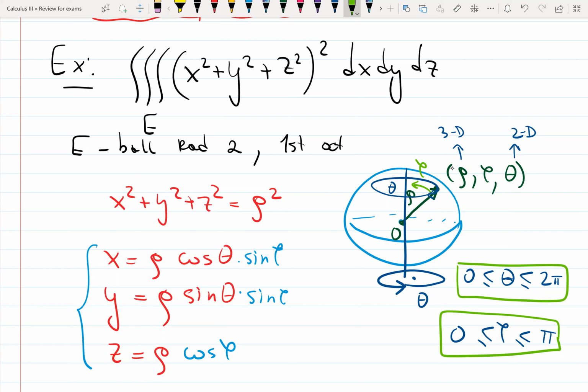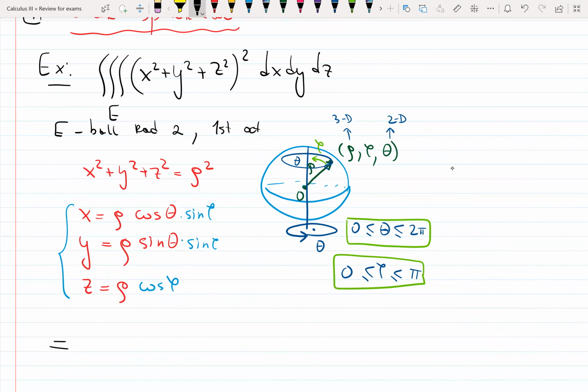Then from all this, what happens in the formula is the integral. That is going to be rho squared, but it was already squared, so we don't forget to square that. And then the trick is that there's also a formula involved. Scroll back.